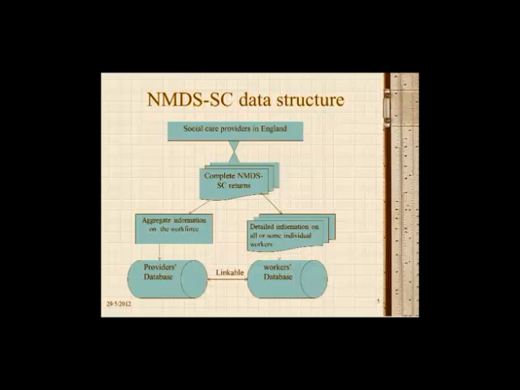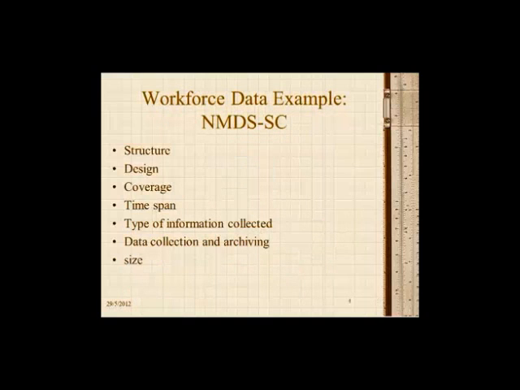Then you've got these two databases, and you can link them. The SSCR works out an ID for the provider and an ID for the workers, and that is key here because although it is not a cohort study following the same individual, you can find the individuals later in the data. The structure of how the data is collected is a big problem as well.